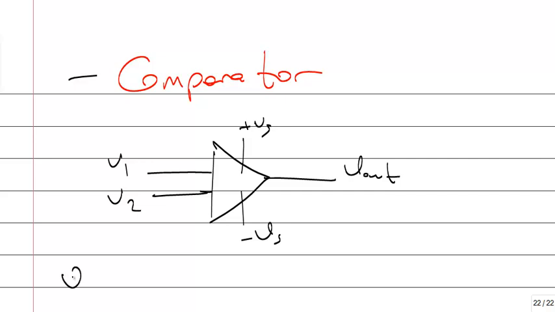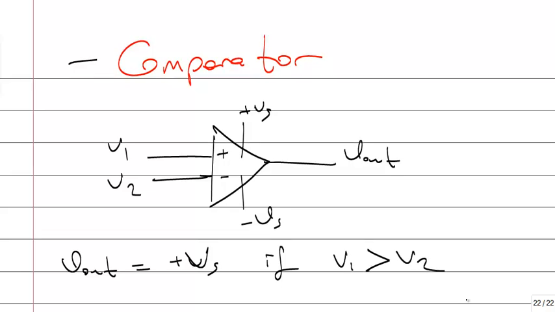V out is equal to plus V source if V1 is higher than V2. Why? Because this difference is positive and it tries to amplify that difference with a very high ratio, 1 million for example.